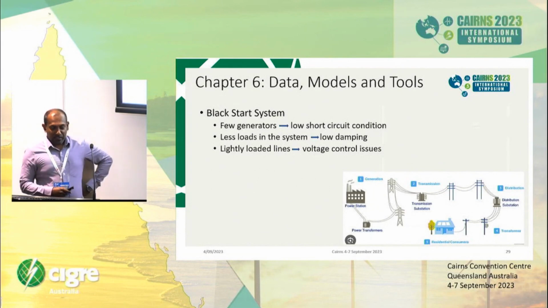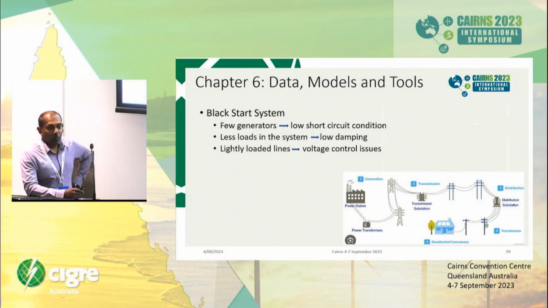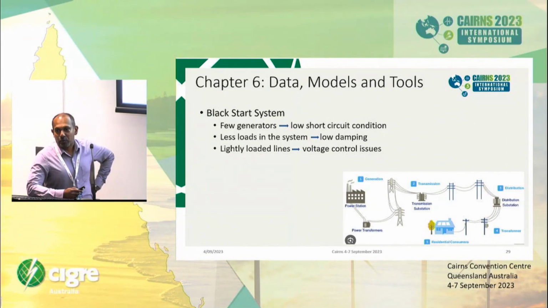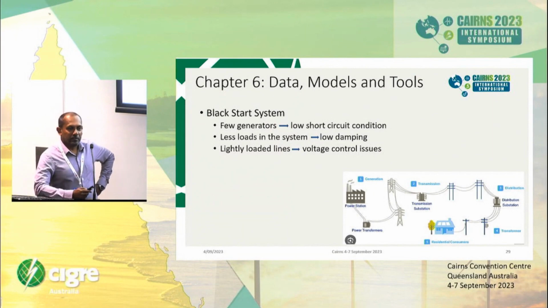Under black start conditions, obviously we have few generators, which means the short circuit level is low. I think many of you have heard that under low short circuit conditions you may have many problems, even getting some IBRs into the system. Fewer loads obviously cause less load damping for high frequency transients.